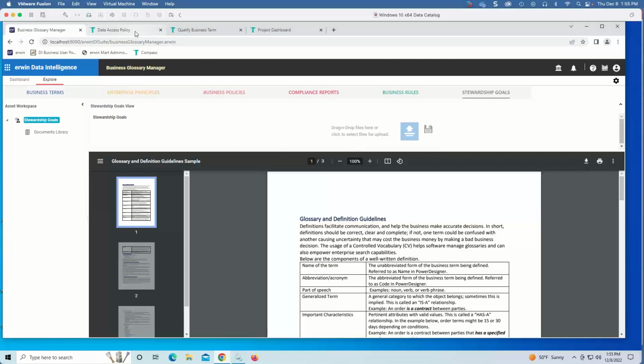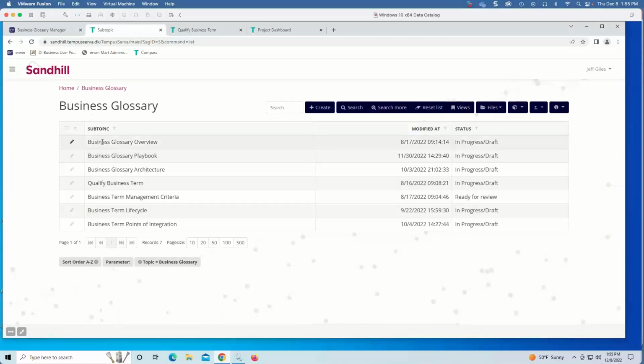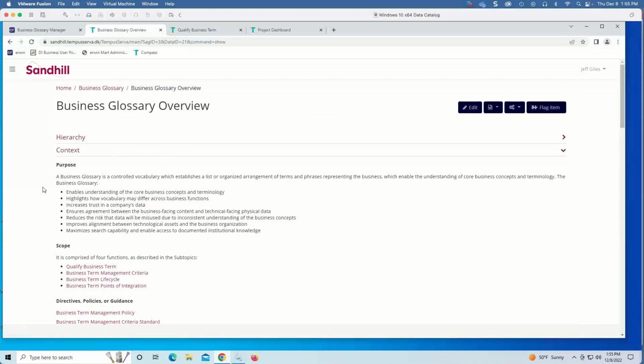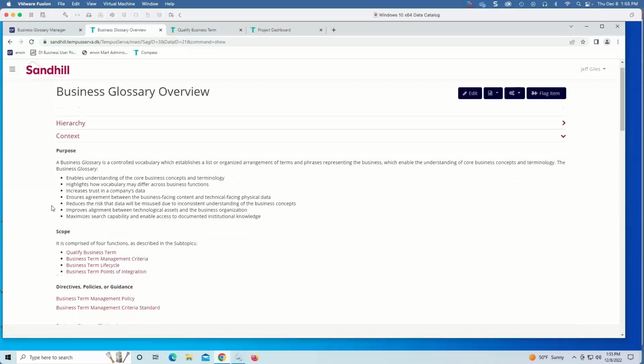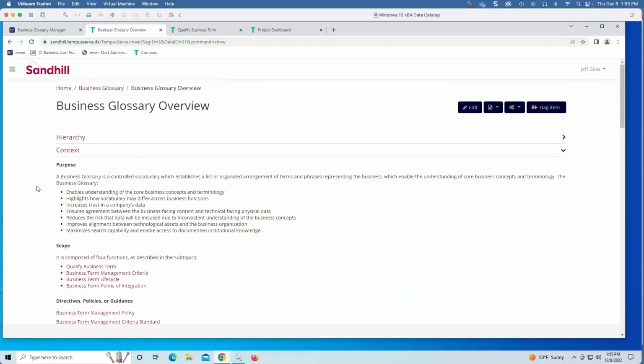And is there anything in Compass that can help with defining how you create your data governance policies or anything like that? Yes, there is actually. If we go back to policy, there's a policy overview, which is a general view of what policies are, some ideas about the scope. I think you're in the business glossary section, Jeff.